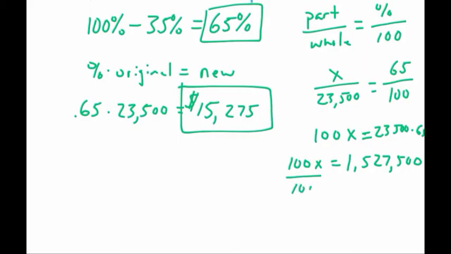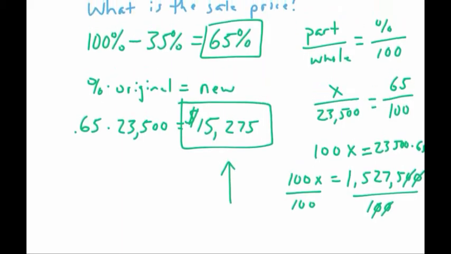But then last step, we divide that by 100, which you can knock two zeros off of each, giving you that same final cost of $15,275. But like I said, I think if you go with this way here on the left, it's shorter, there's less chance to make mistakes, it's faster. Recommend that.